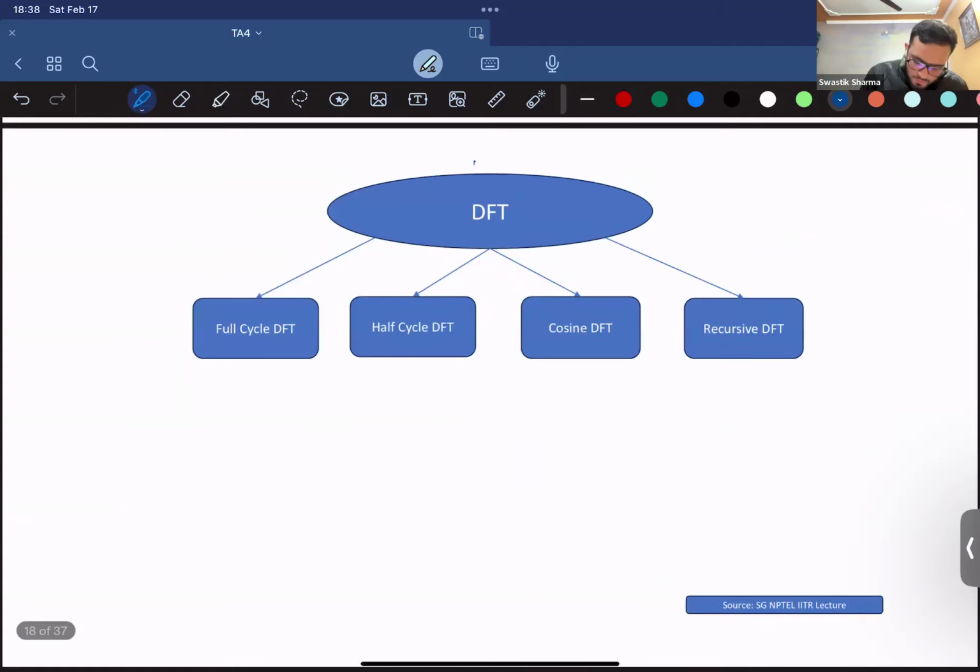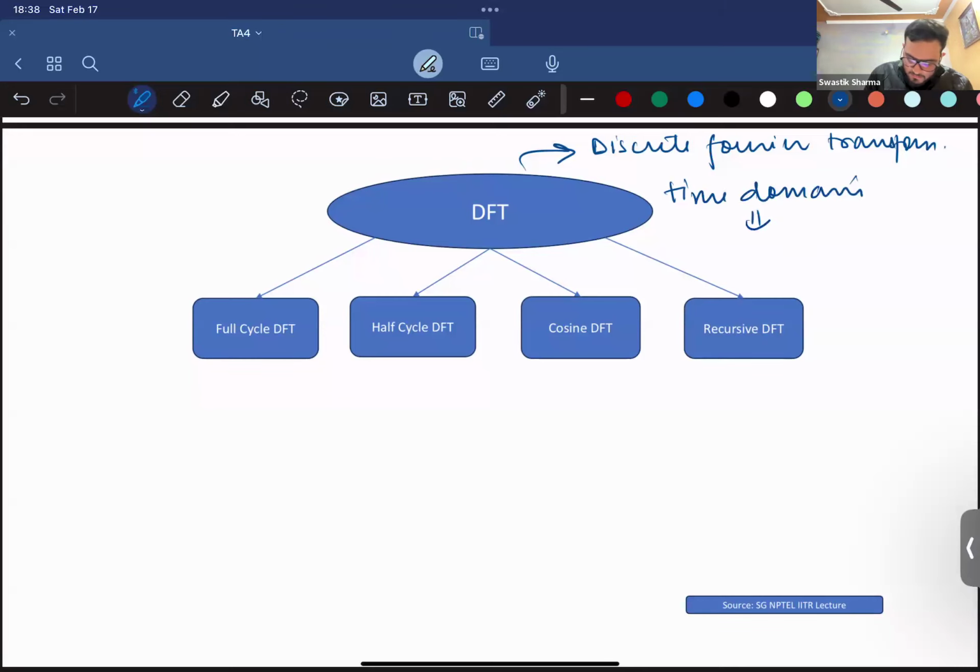Why do we want to do DFT? First of all, what are discrete Fourier transforms? A discrete Fourier transform converts your signal from time domain to frequency domain. That's the main use of this algorithm.